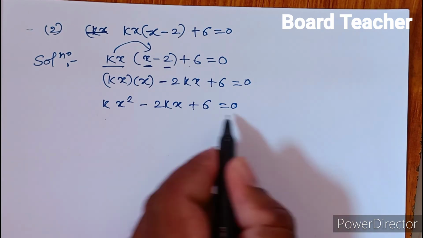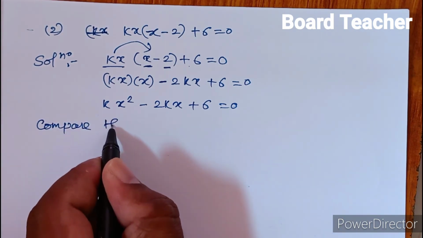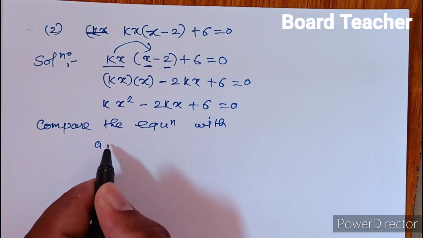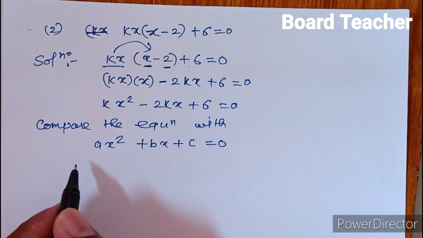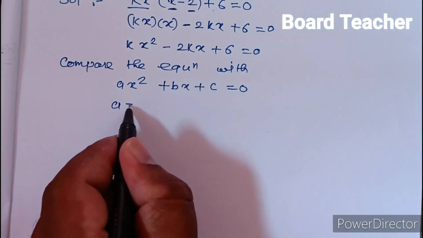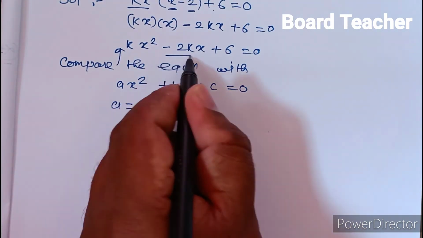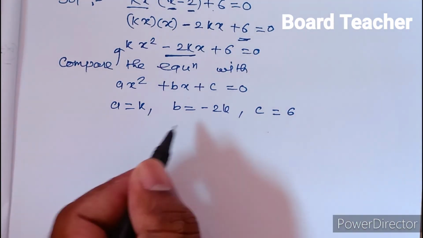Now compare this equation with the standard form, that is ax square plus bx plus c equals 0. We get a equals k, the value of b equals minus 2k, and c equals 6.